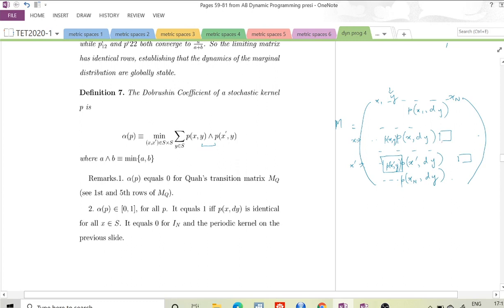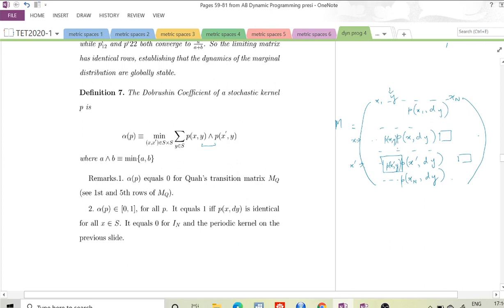Then you add up these numbers. So you'll arrive at one number between 0 and 1 for every pair of states. And then you take the smallest of those numbers. Okay, so for instance, if you do this for the identity matrix, that will evaluate to a 0. Alpha of P evaluates to a 0.